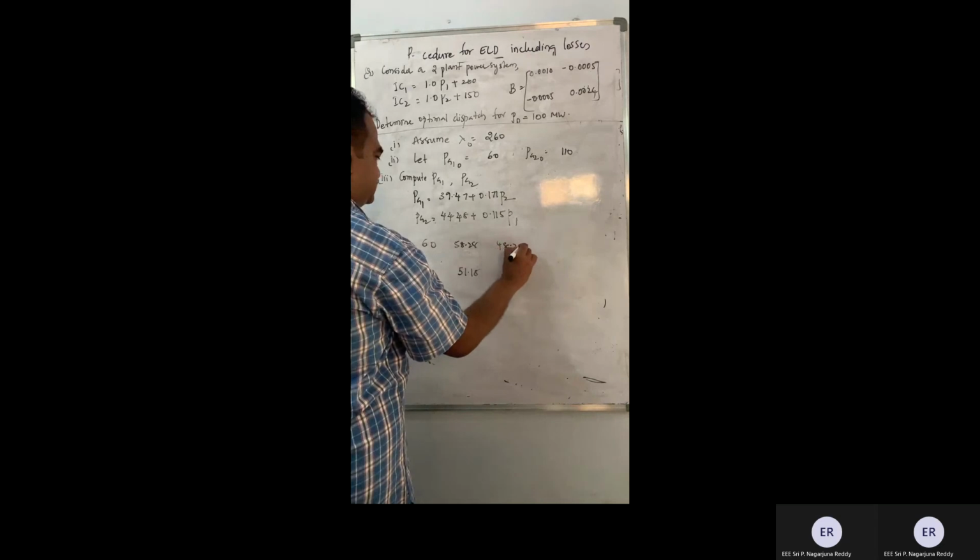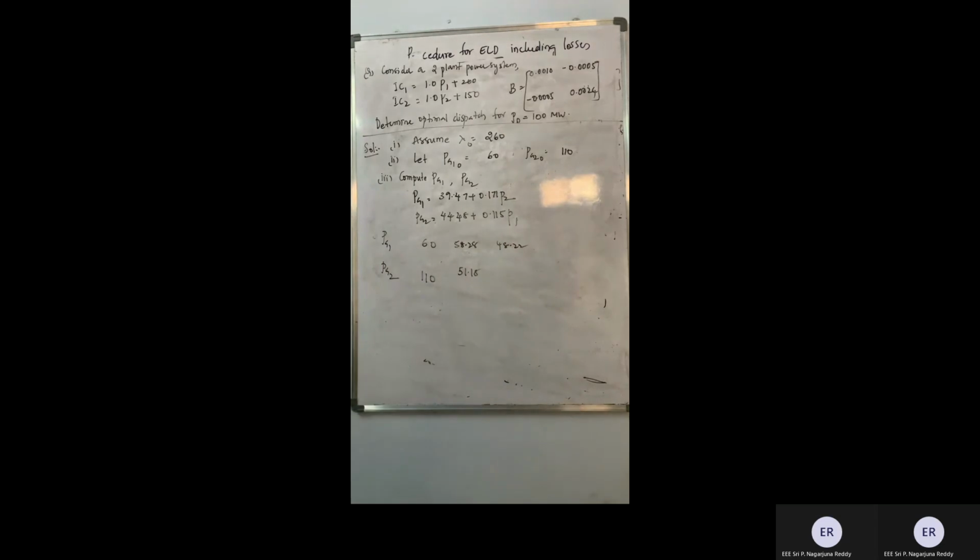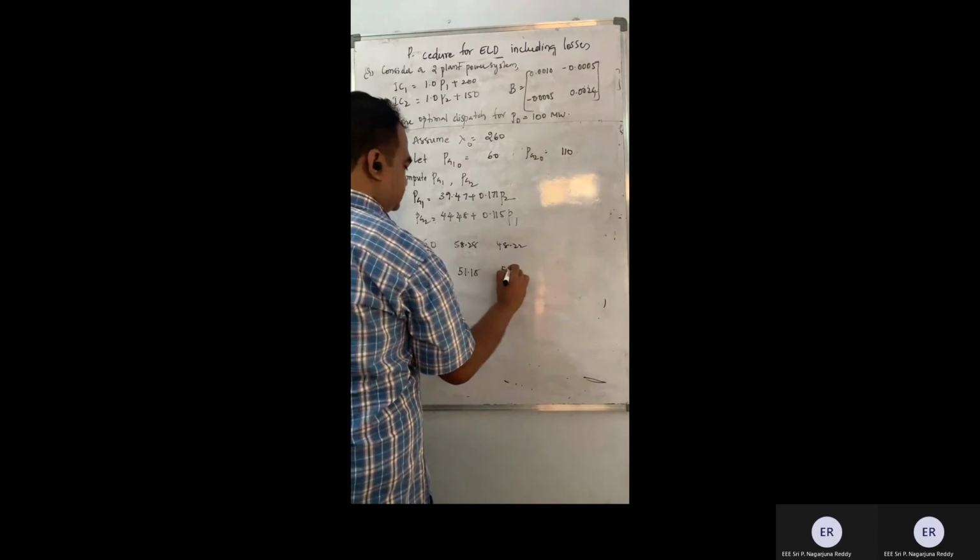So a drastic decrease now. So again, this is to be implemented for P1. So again, I will be getting this time my value is 48.22. It is 50.0.